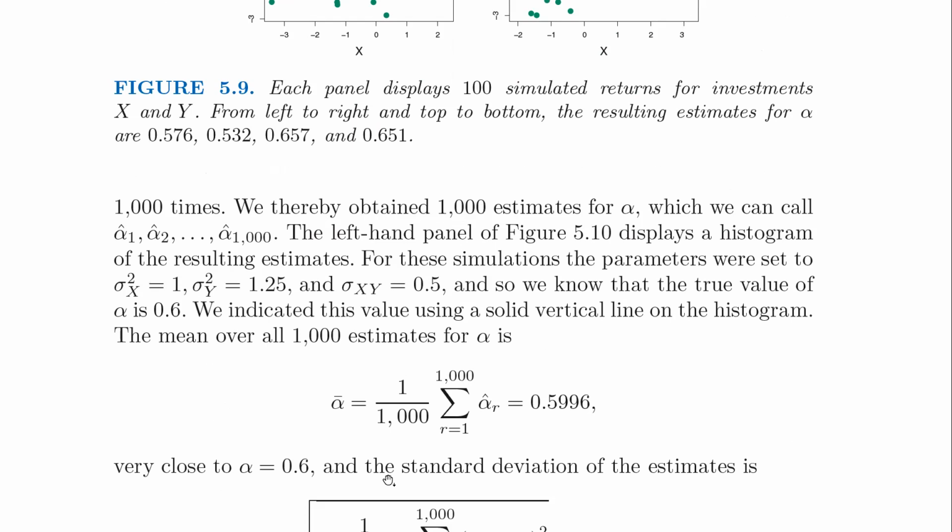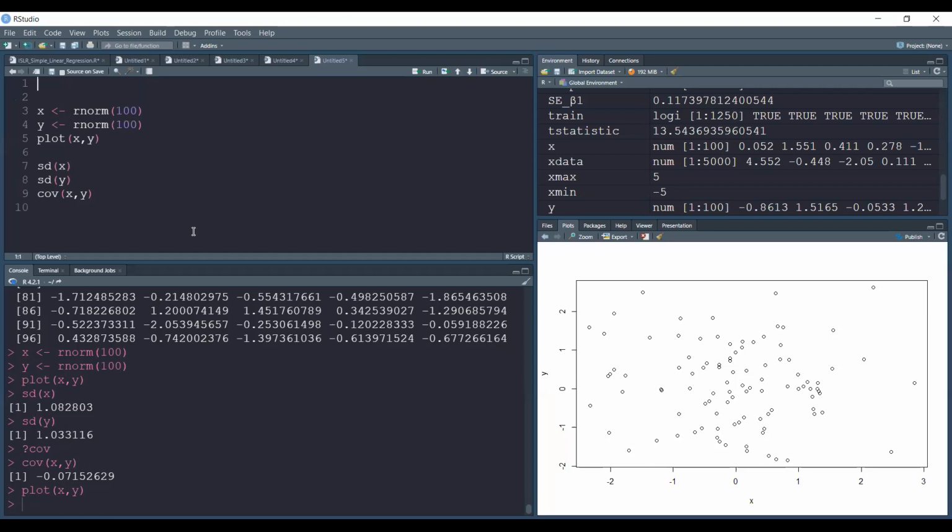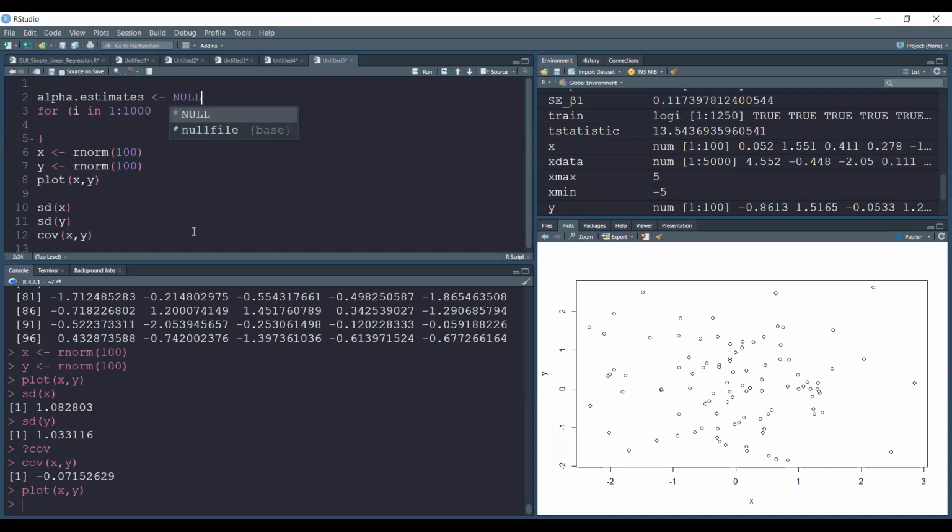Can we do this very quickly in R? Let's see. As is often the case, we have a for loop. We'll just call it i. We're going to mimic the book, so we'll take 1,000 iterations. We'll create a null vector and call it alpha estimates, and we'll just assign NULL to it for the time being.